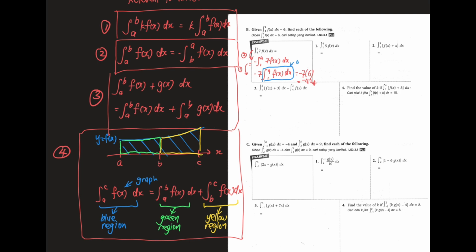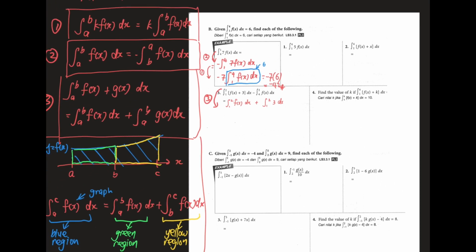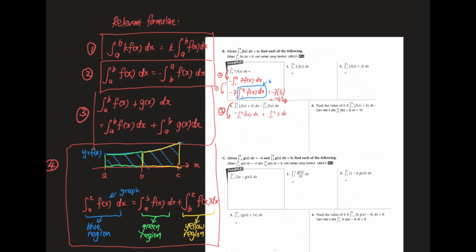We can separate them based on formula 3. I use formula 3 first. Formula 3 can separate into integration of f(x) and integration of 3. So I separate already, based on formula 3. At the same time, I use formula 2 for the back one.